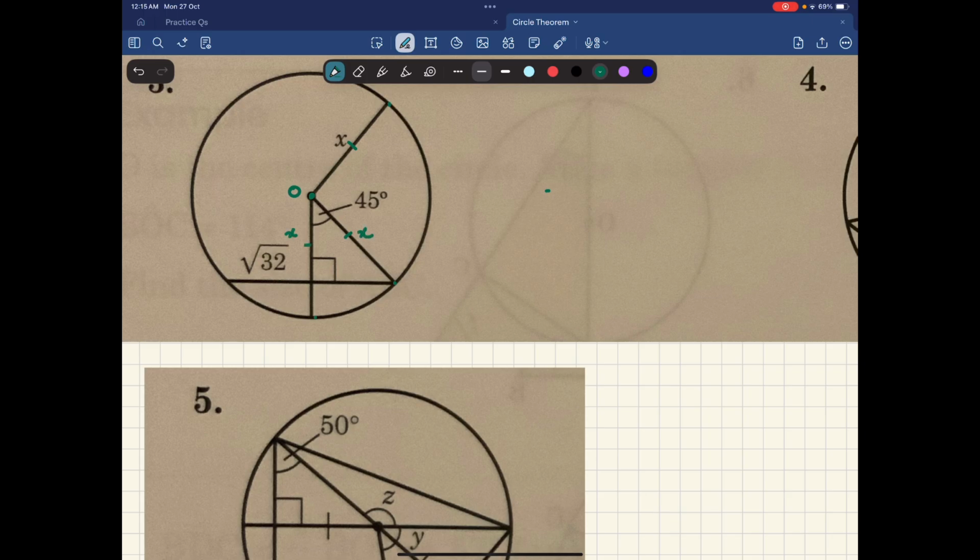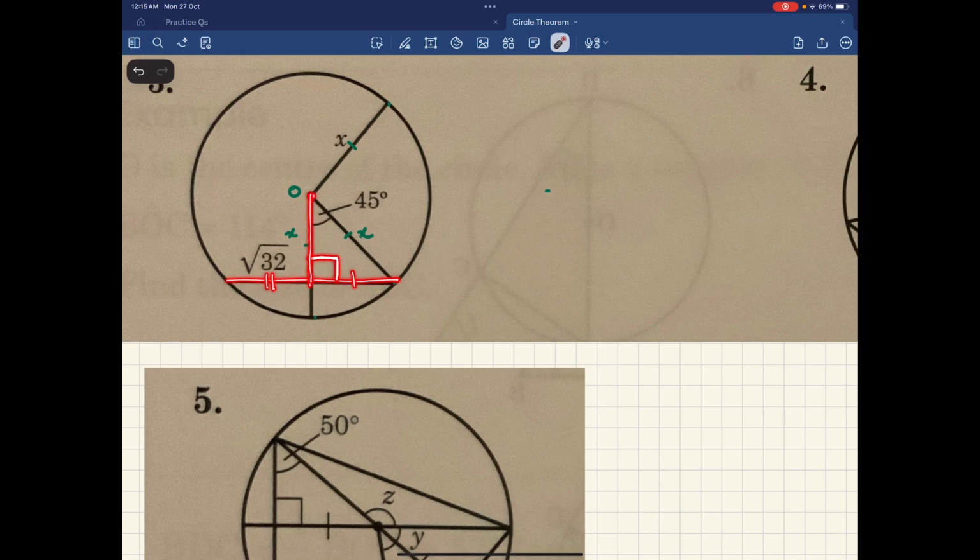Okay. Now, where does the chord property come into play? So this is the center, this is the chord, right? And this line is intersecting the chord at 90 degrees. So it is perpendicular and the line is passing through the center. So we can safely assume that the chord is divided into two equal parts.